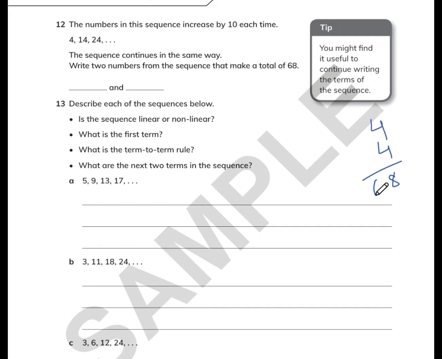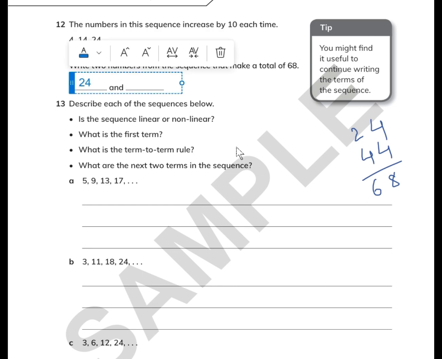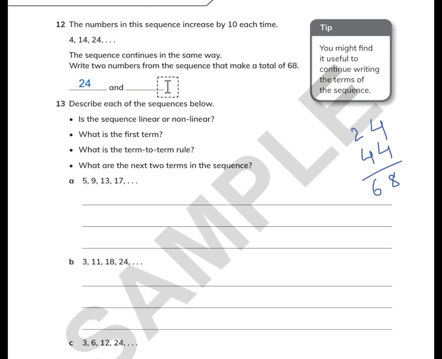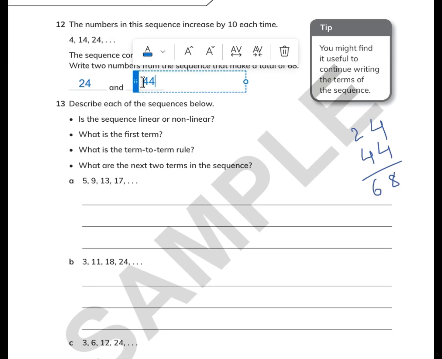In the tens, the answer should be 6. So we can use 4 and 2, or any two numbers that add up to 6. So, 24 and 44.